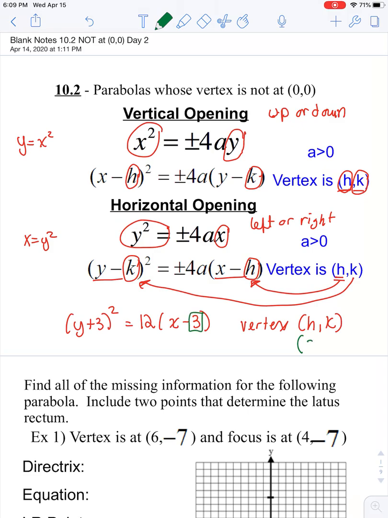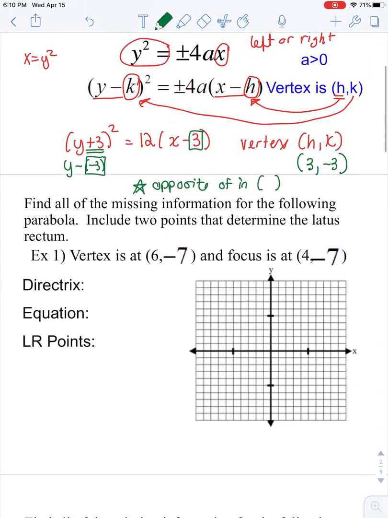That's going to be 3, so the h value is 3. Now, what value is subtracted from y? Since we see this written as addition, we need to remember this has to be thought of as subtraction. The value that is subtracted from y is actually negative 3. Generally, we remember that we're going to use the opposite of what is in the parentheses.